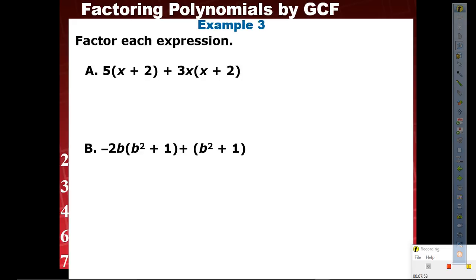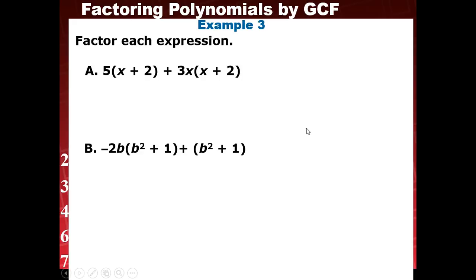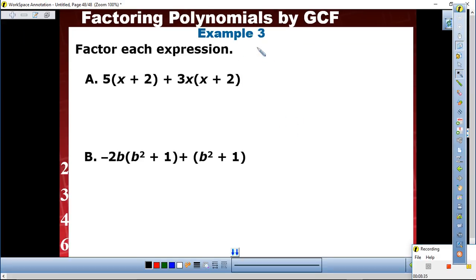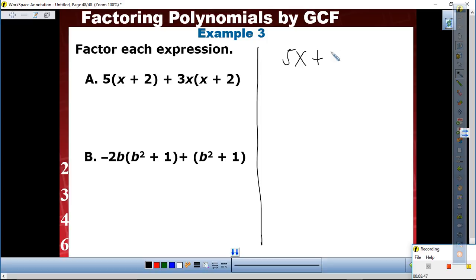All right, so I'm going to write something over here on the right side that has nothing to do with these two expressions, just to get your mind to transfer that into this one, okay? If I had 5x plus 3x squared, and I asked you to write it in factored form, you would write 5 times x plus 3 times x times x.